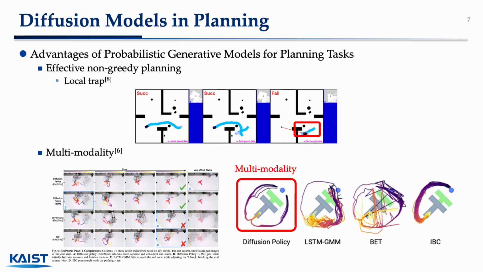Unlike traditional methods that often greedily optimize and can easily get stuck, like gradient descent, diffusion models enable planning across long horizons while maintaining scalability. This property is particularly advantageous for navigation and long-horizon robotic planning.